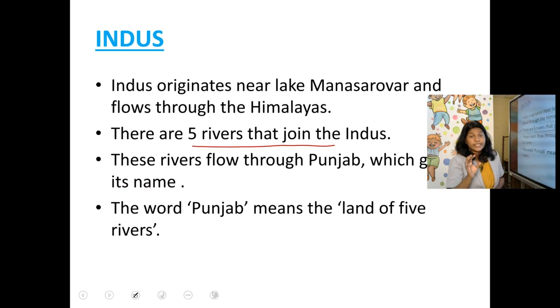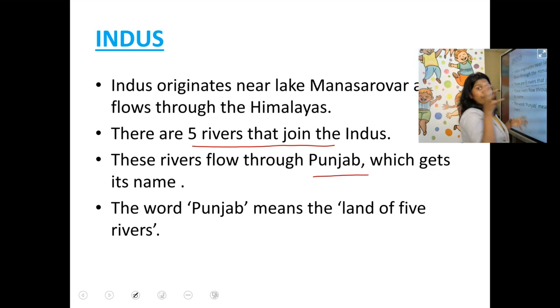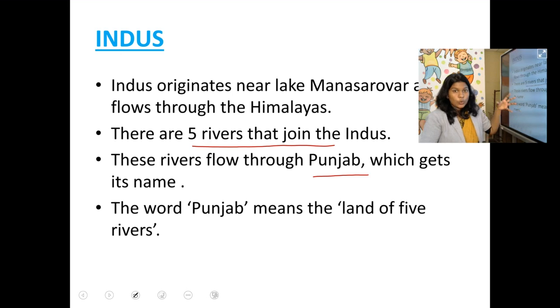These 5 small rivers flow through Punjab, and when they reach Punjab, the river gets the name Indus.